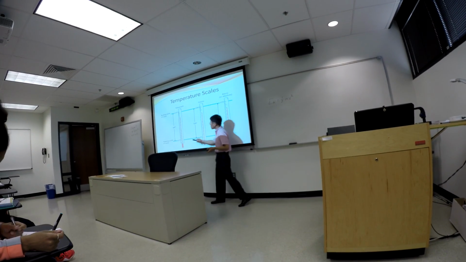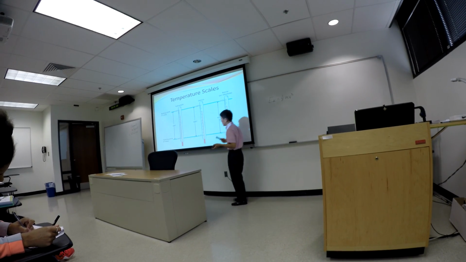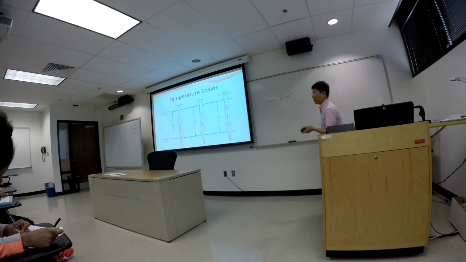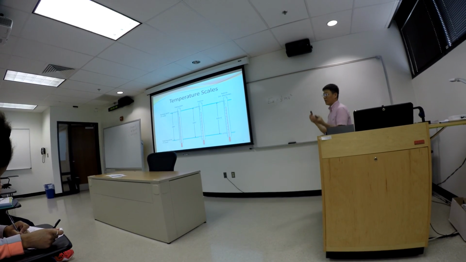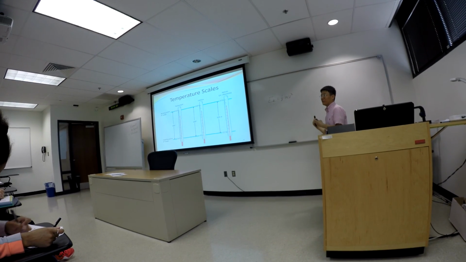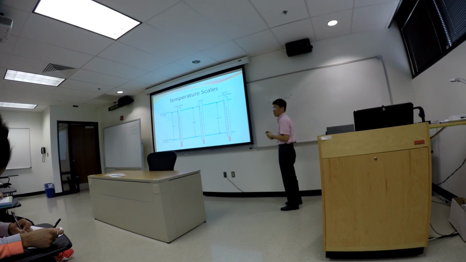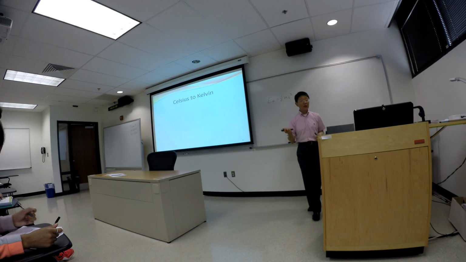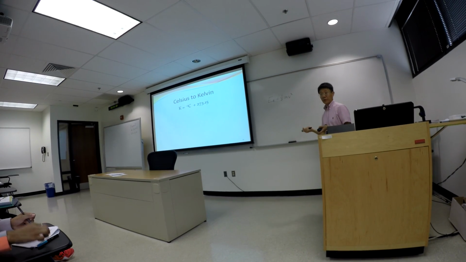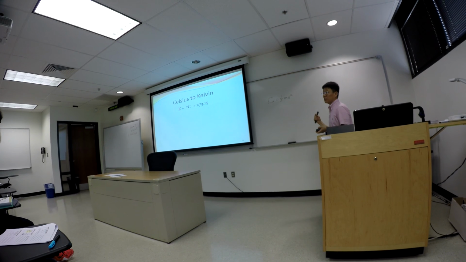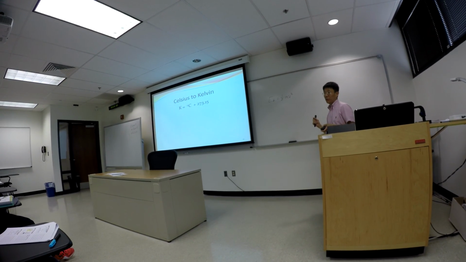Most likely, in this particular course, we will not give you temperatures in Fahrenheit and ask you to do the conversion. Although (Fahrenheit minus 32) times 5 divided by 9, that's the equation you use to convert Fahrenheit to Celsius. And once you convert Fahrenheit to Celsius, Celsius to Kelvin, the relationship is simple. Okay. The temperature in Kelvin equals the temperature in Celsius plus 273.15.